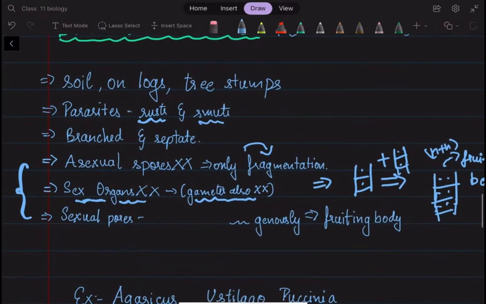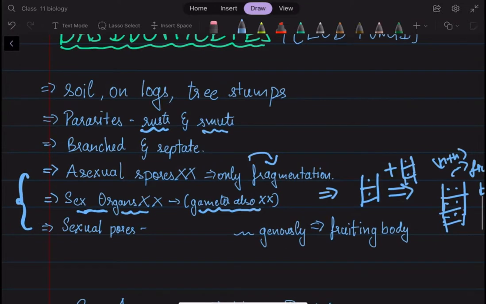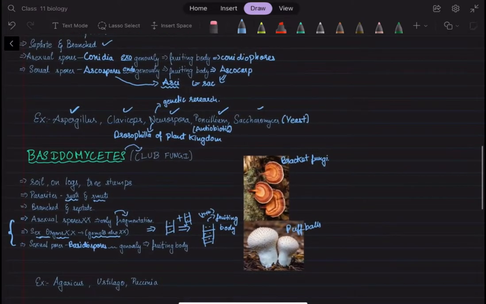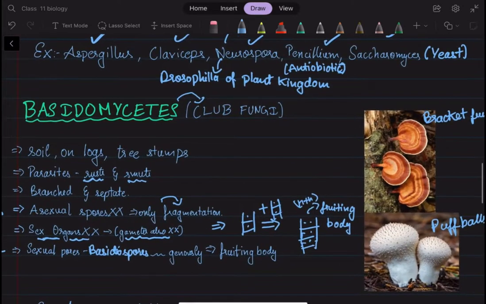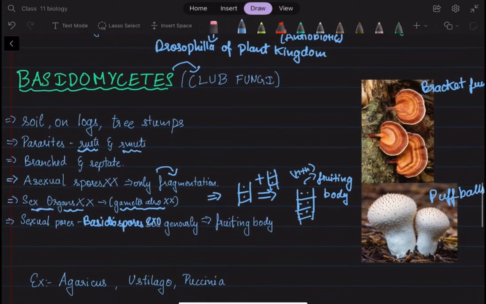The sexual spores present in basidiomycetes are called basidiospores. And these basidiospores are formed on the fruiting body, and that is why they are exogenously produced.